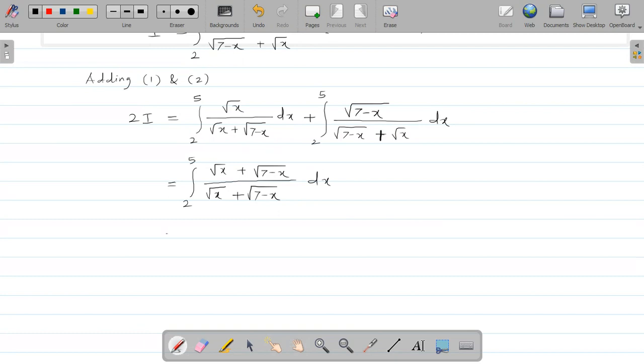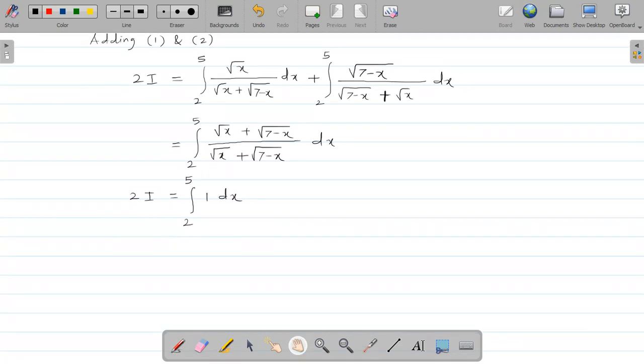After adding 1 and 2, finally you will get the integration from 2 to 5 of 1 dx. So the technique is: after getting the new integration, we add the given integration and the second equation, and by that you get 2I is equal to the integration from 2 to 5 of 1 dx. So the addition is 1, if you observe carefully.